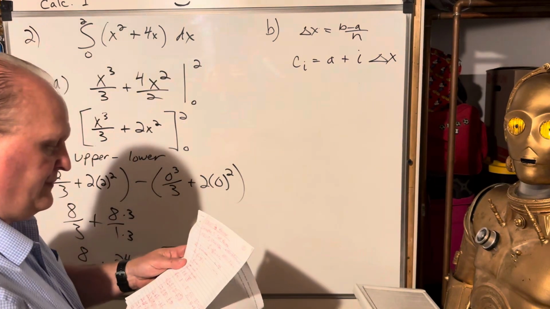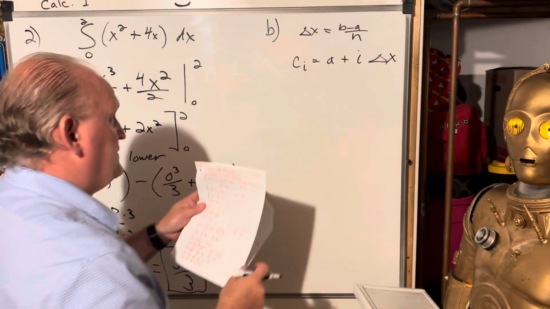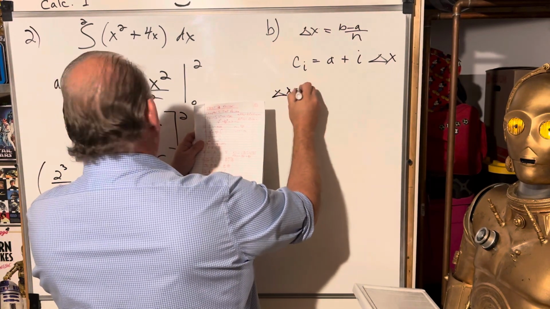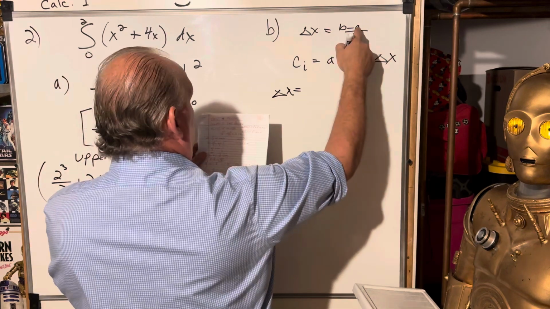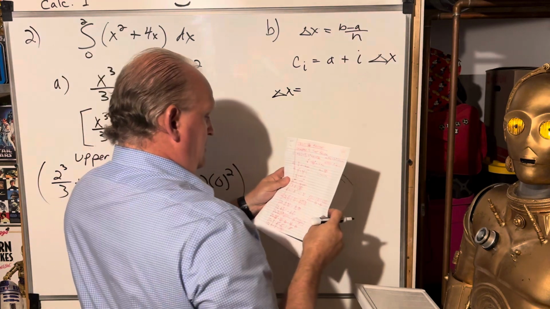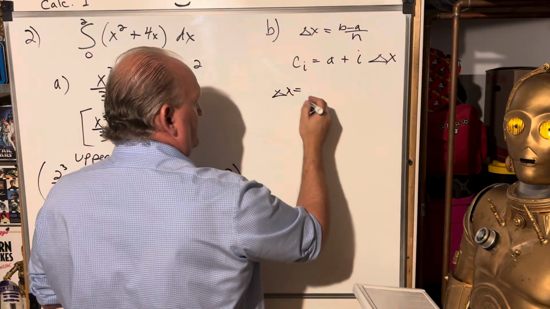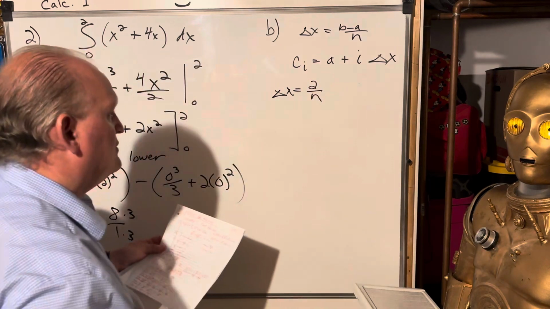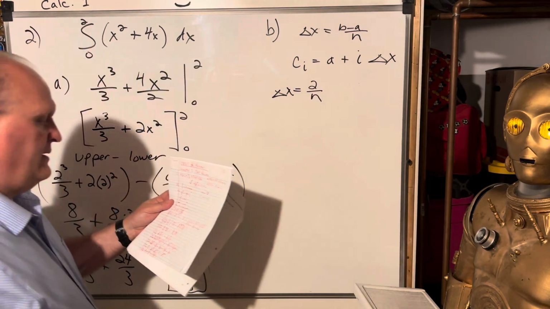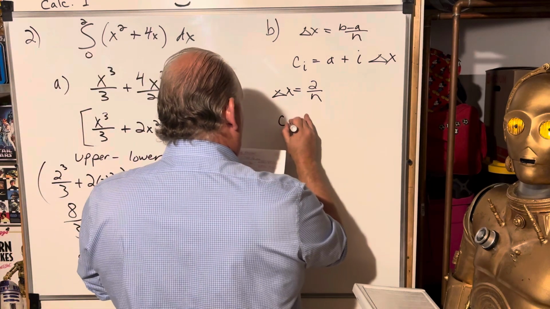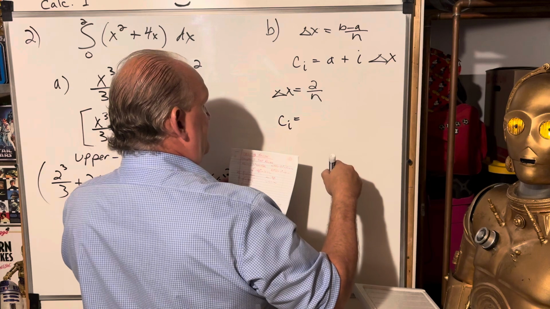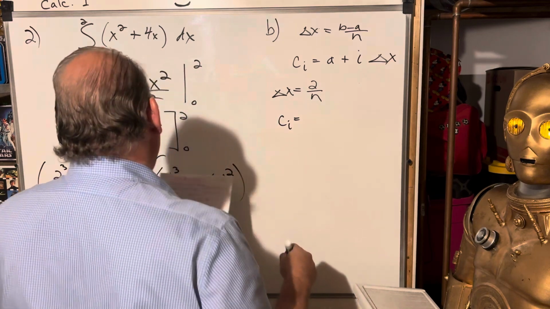So for this specific problem, for B, the change in x is 2 minus 0 over n. So 2 minus 0 is just 2 over n, and then c sub i is going to just be those a.